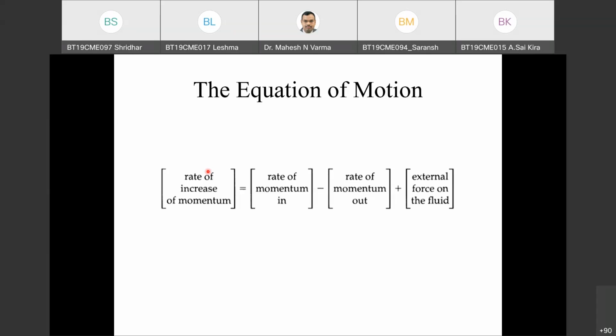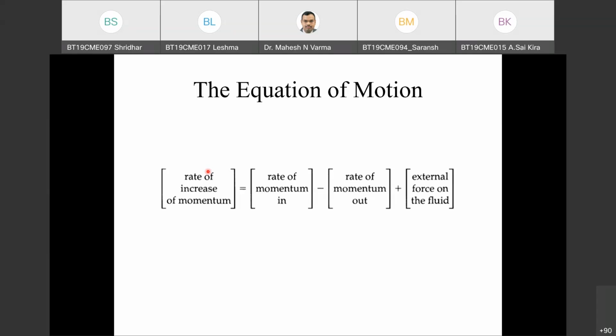One balance equation defines x momentum, another defines y momentum, and a third defines z momentum, and we need to solve them simultaneously to get the x velocity, y velocity, and z velocity. That is the overall solution.